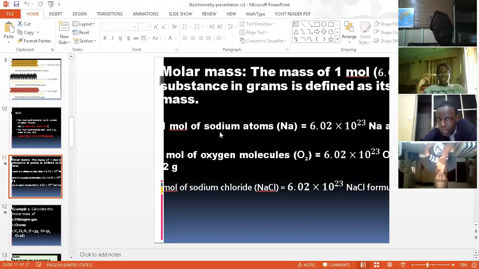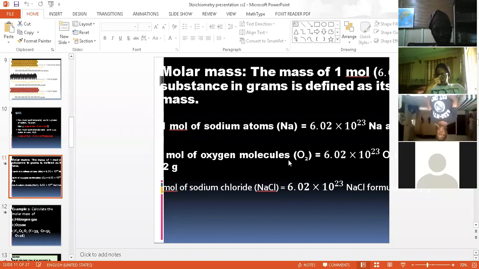So the mass of 1 mole of sodium, in other words the molar mass of sodium atom, will be its relative atomic mass in grams. If you have another substance, like 1 mole of oxygen molecule, the molecule is a composition of atoms.